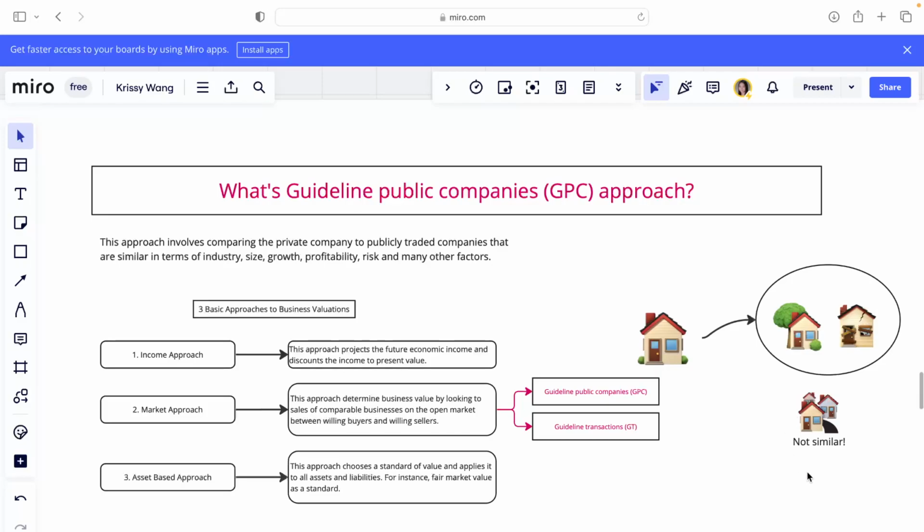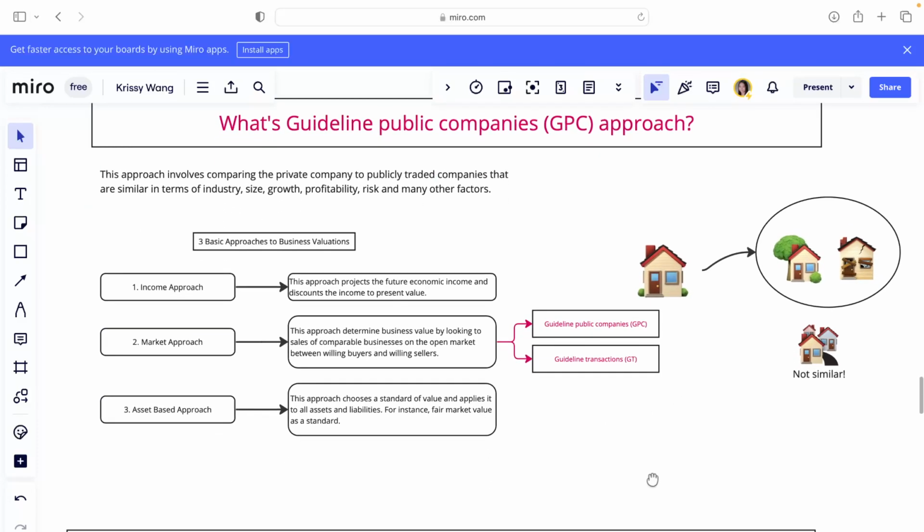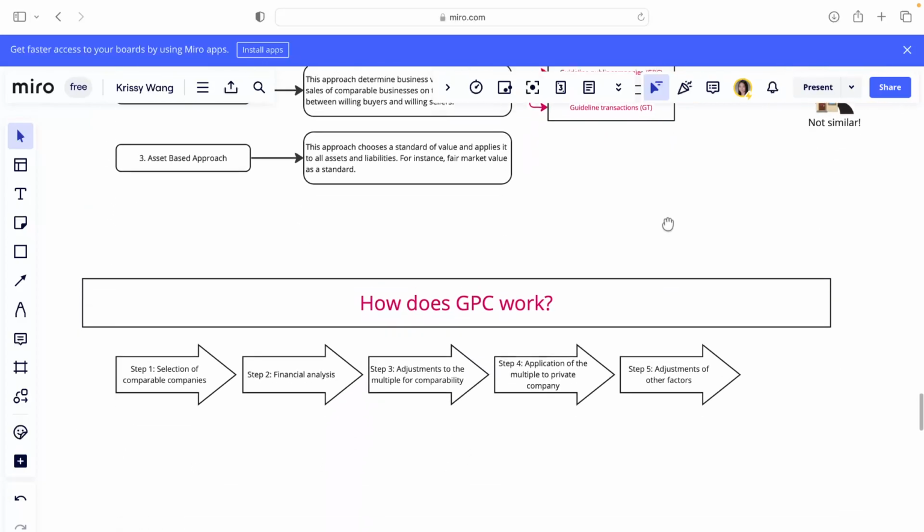And again, whether we think it's similar or not is somewhat subjective, so the valuation analyst takes a lot of time in determining what is a similar company. I'll get to that in just a little bit. So just at a high level, remember you're comparing yourself to similar publicly traded companies, and then determining your private company's value. Now let's move on to how GPC works.